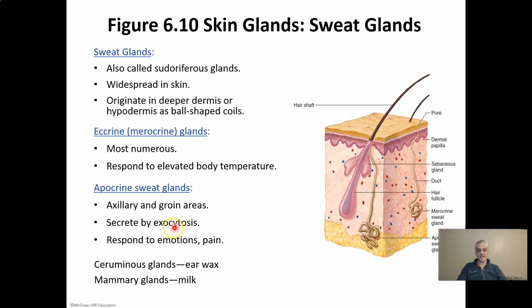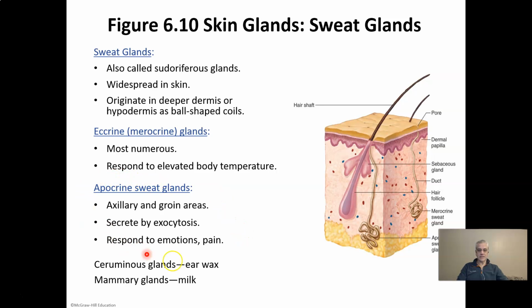They're secreted by exocytosis. Now, this typically, as it says, responds to emotions or pain or other stimuli that are not just simply heat related. You're not just simply trying to cool the body down. They're responding to a more emotional situation, I suppose.